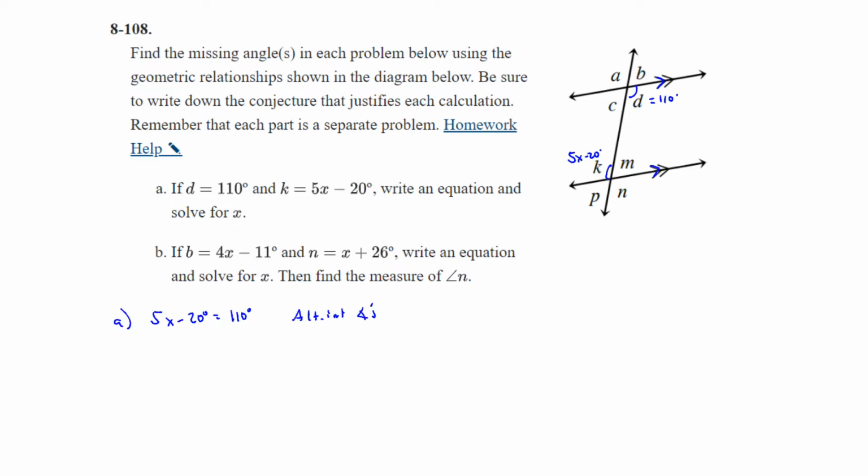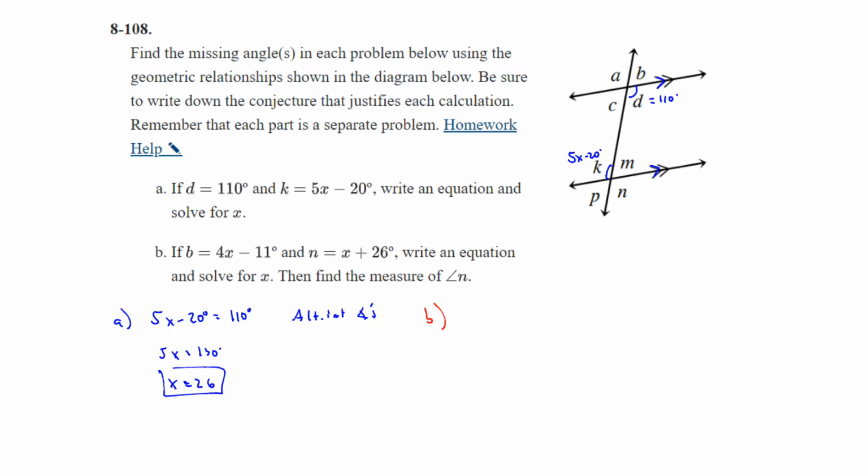All right, and so we add 20. It gives us 130, divide by 5. And x is equal to 26. So we know x is equal to 26. Once again, because the lines are parallel, alternate interior angles are congruent or equal.